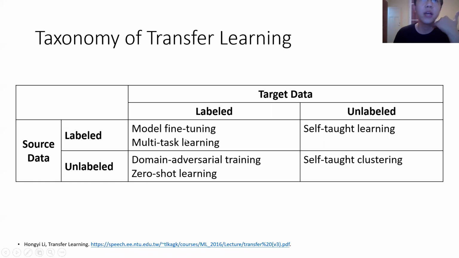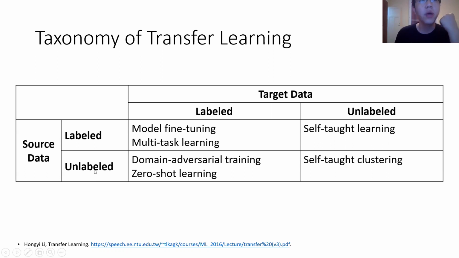So that is model fine-tuning. The other is another topic for today, which is multitask learning. But usually we tend to talk about it individually rather than as part of transfer learning. But anyway, we will be talking about this later today.